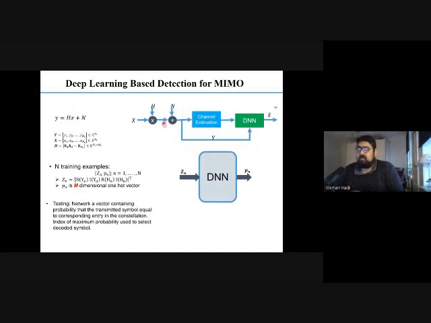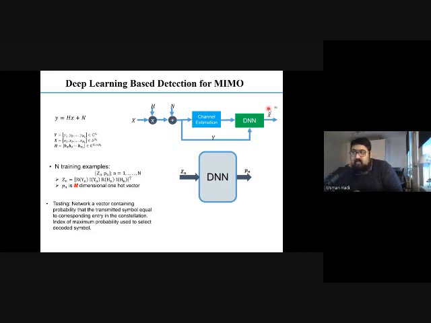Generally we have estimation methods like minimum mean square error, maximum likelihood, and successive interference cancellation. There are different types of receivers that you use. But what if we use deep learning methods to train and get the transmitted symbol? If you transmit a signal X and have a received signal Y, you would like to estimate what was transmitted as X hat.